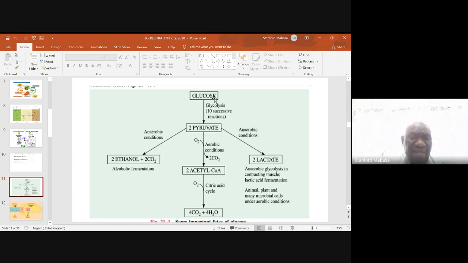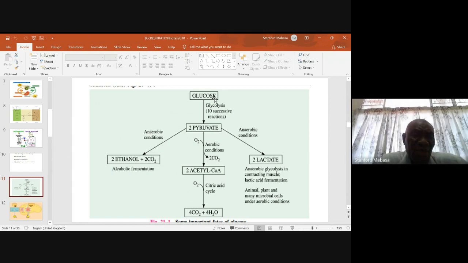Then we also have anaerobic respiration, which can be used in industry to produce ethanol and carbon dioxide, alcoholic fermentation.